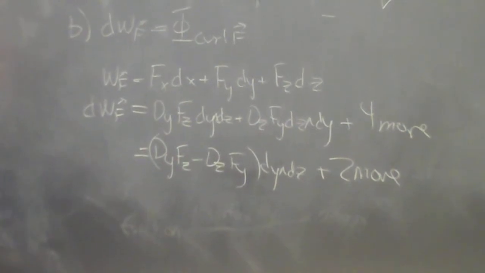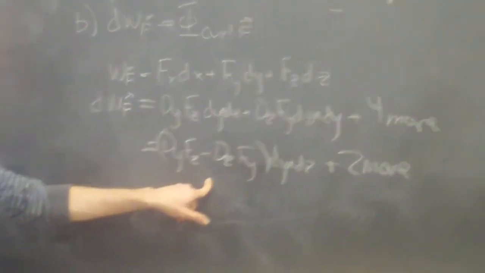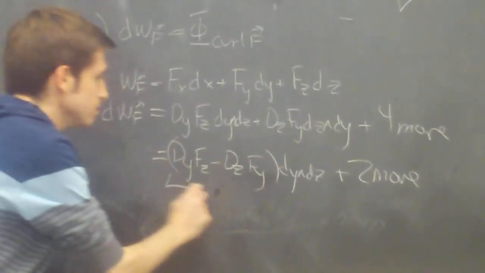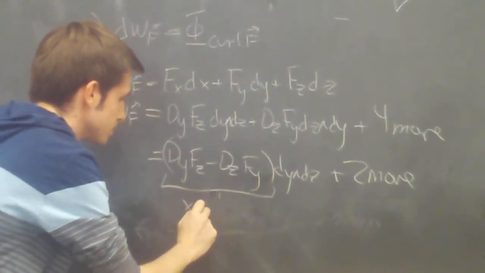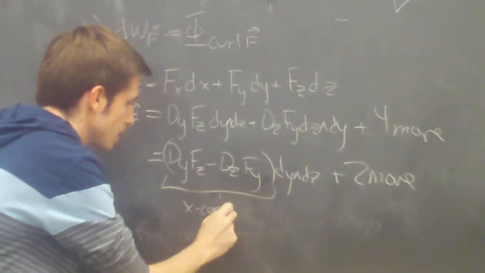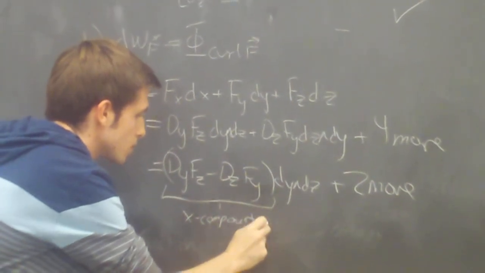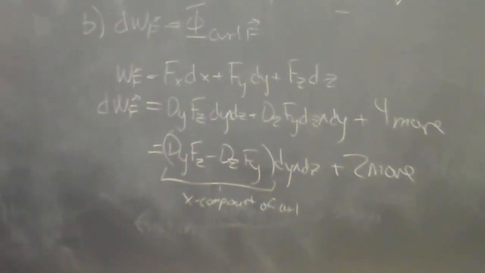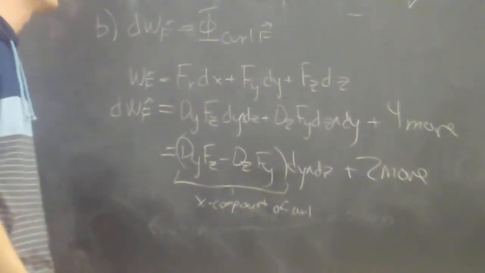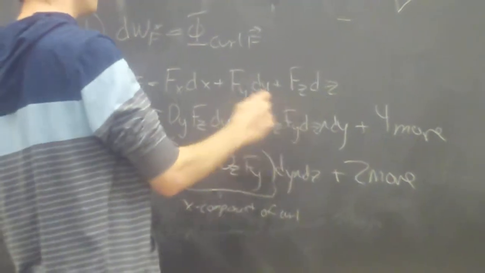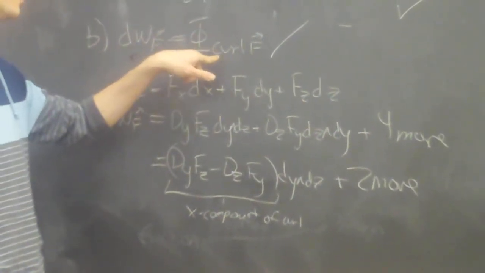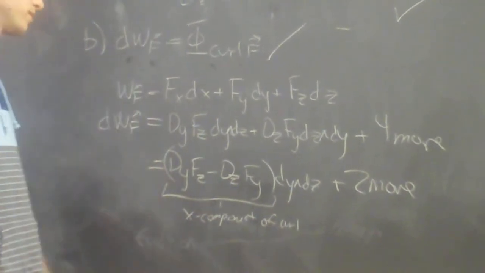But what you'll notice is that this is the x component of the curl. And then the other 2 terms would give the y component and the z component of the curl. So we indeed did prove that d of the work form of f is equal to the flux form of the curl of f.